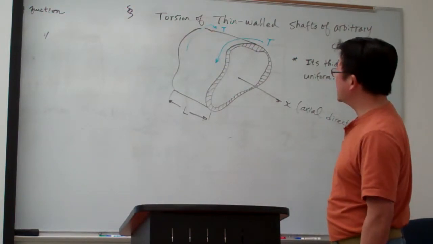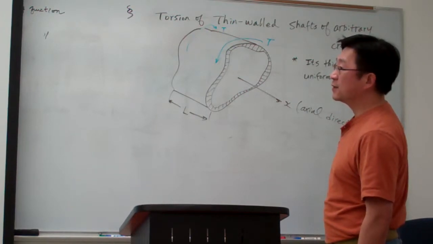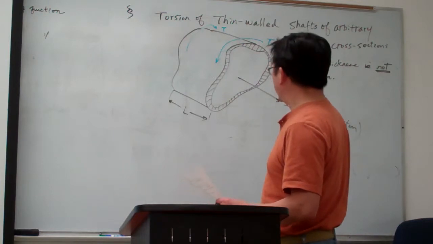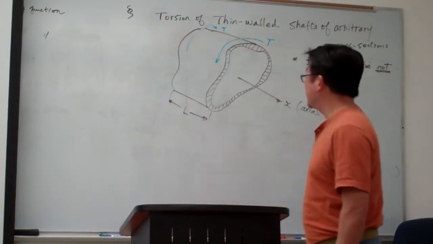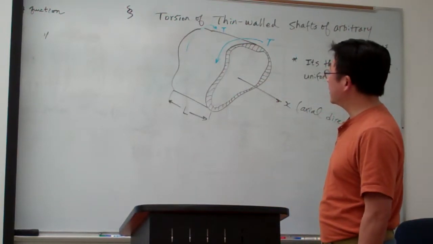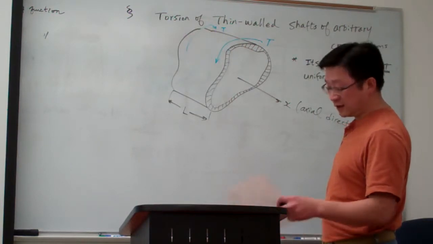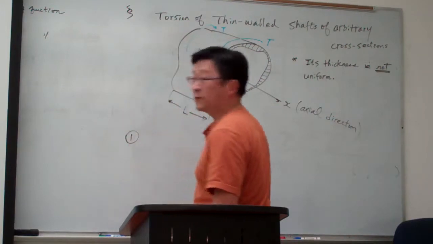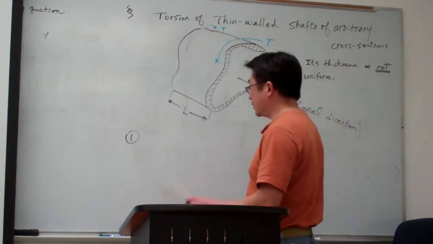So that is the first one we can try, and then further quantify the behavior of the shear stress. Then we can follow up with this. The first one, I will give you the result first and then give you the reason why.